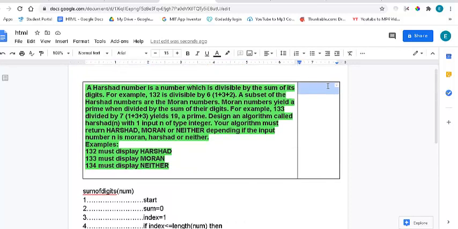So I'm going to write sum is equal to 0. Then the next line says index is equal to 1.